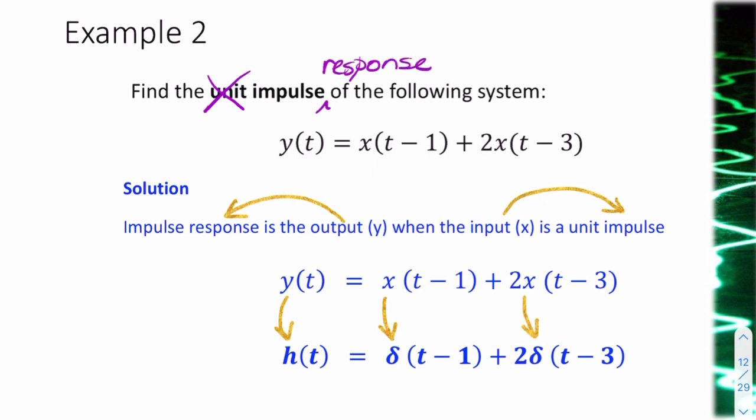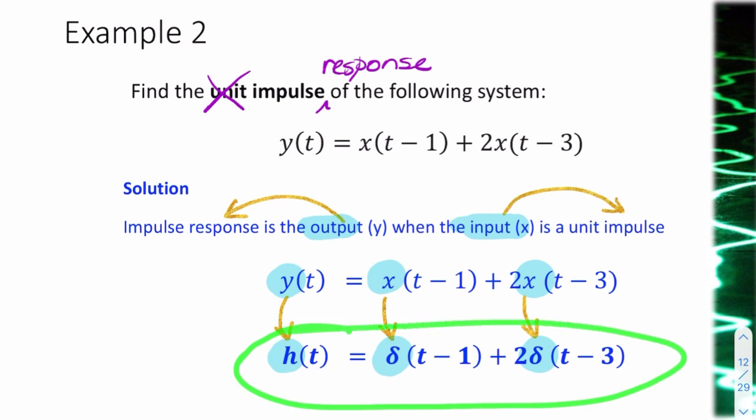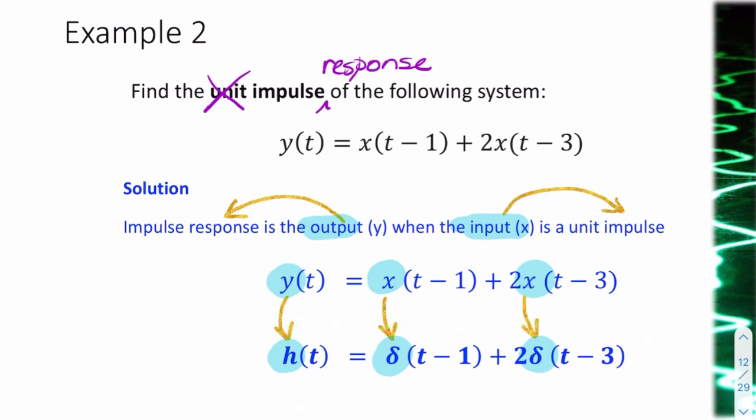By definition, it's the output when the input is a unit impulse. So I'll replace the input with a unit impulse, and I'll replace y with h. And there we have it. That is my impulse response. So simply by applying our understanding of the definition, we can find the impulse response to a system that's described in such a way.